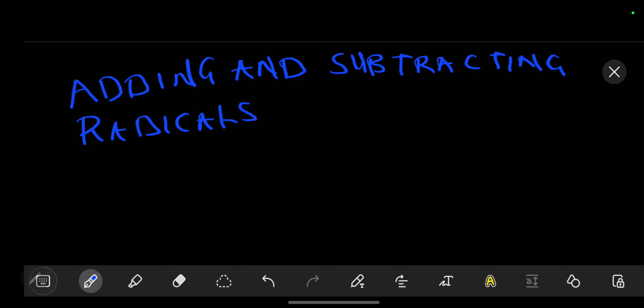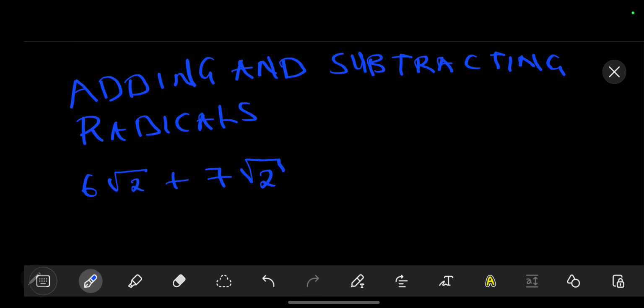So here today we are going to be adding and subtracting radicals. So how are you going to be adding and subtracting your radicals? This is the way we go about it. Let's say for example you have 6 square root of 2, then you are required to add it to 7 square root of 2.